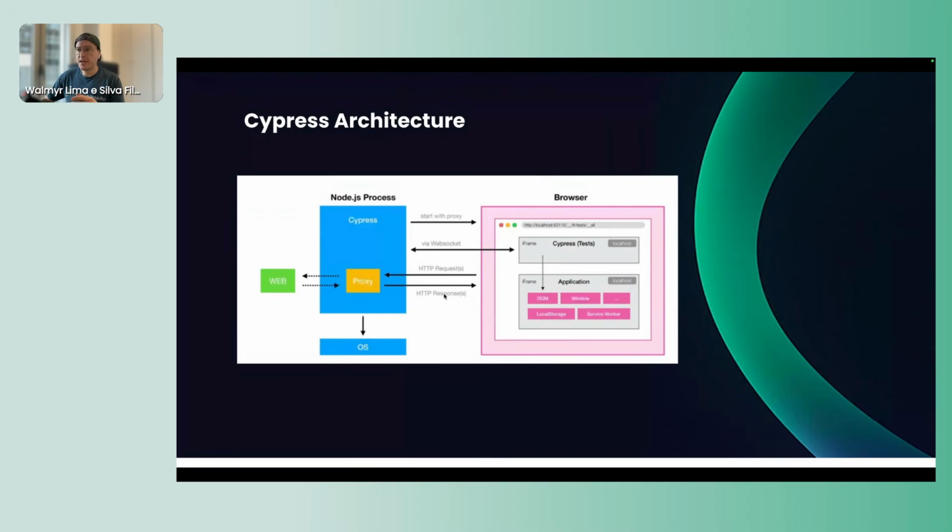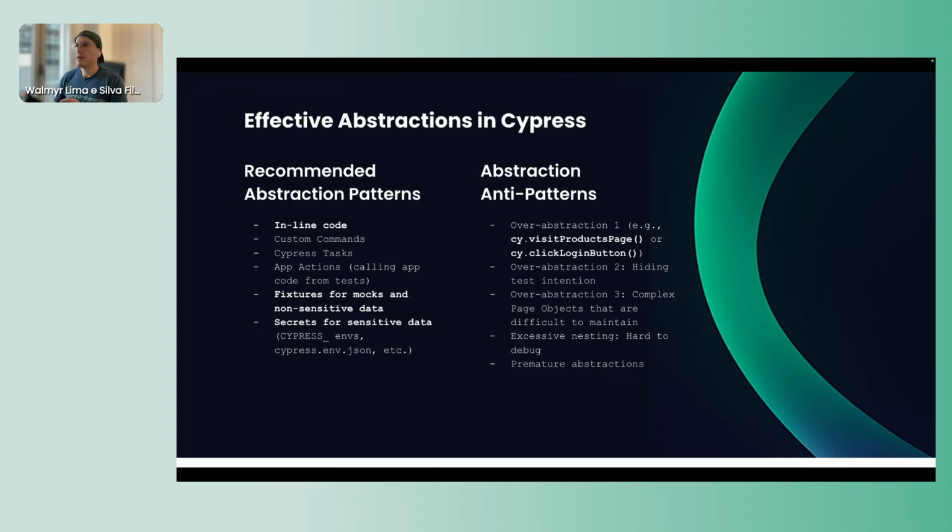And I think this diagram shows us how Cypress is running exactly in the same run loop as the application, and that is what makes it so powerful. And now I want to mention effective abstractions in Cypress.